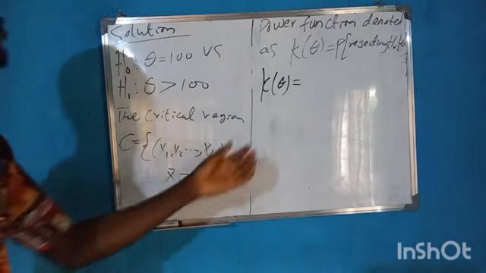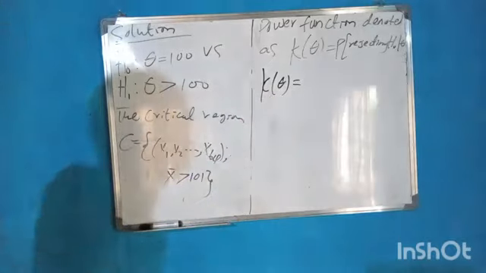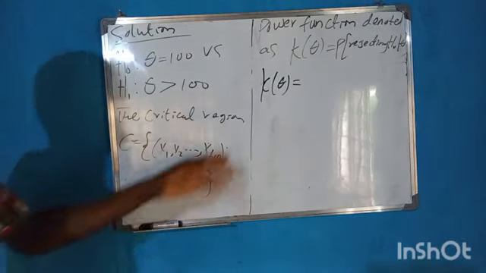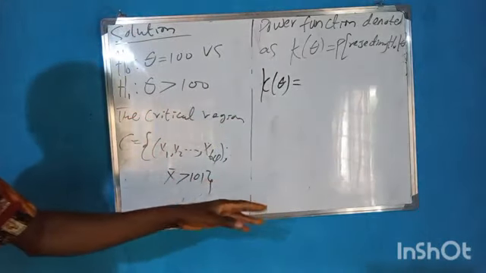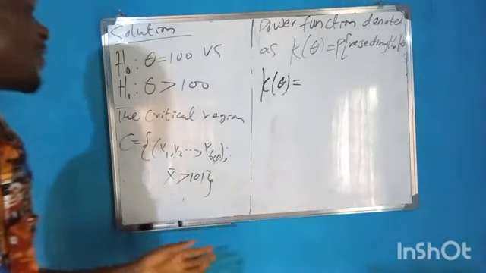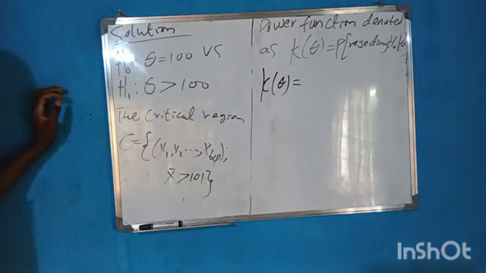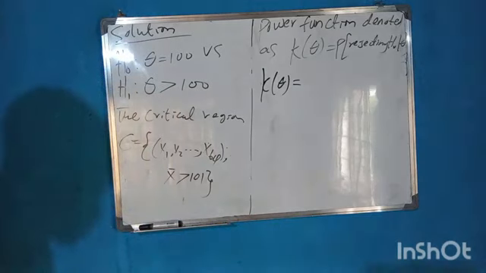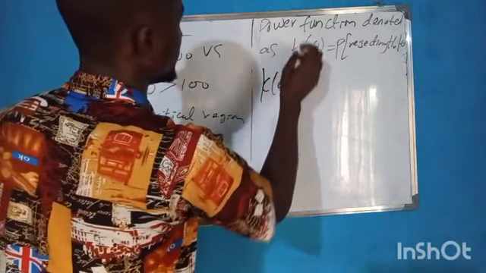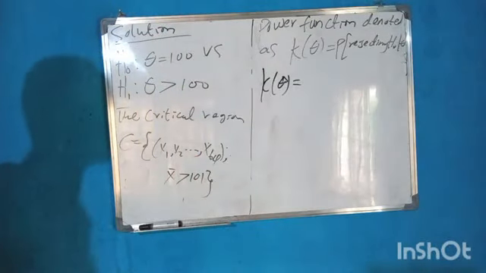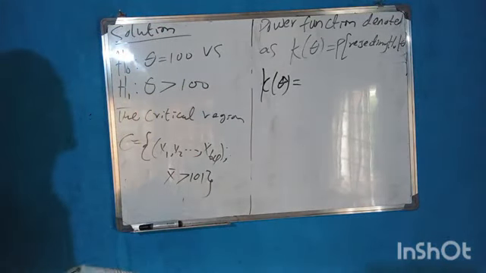So you'll be substituting the values of those parameter points, which in this question are theta equal to 99, 103, and 100. If we substitute those values of theta in the power function, we will have the power of the test at that particular point.